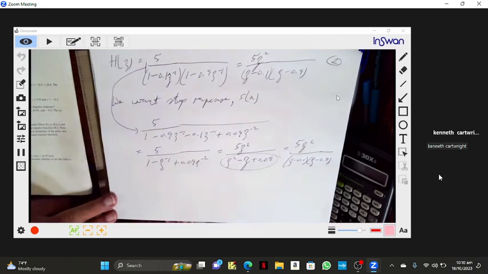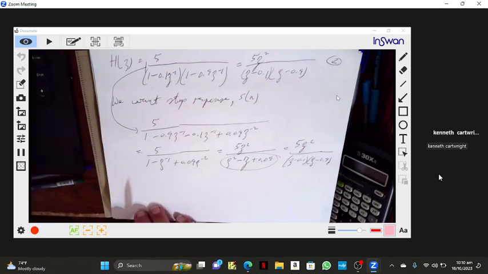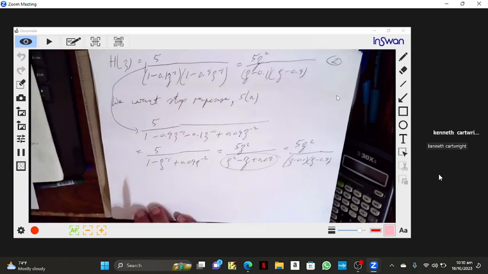Now what? Now we have to find the zeros, right? Now you have to find what? The zeros. Why do we have to find zeros? It looks like we have to use partial fraction expansion.